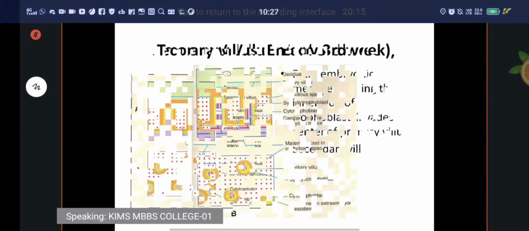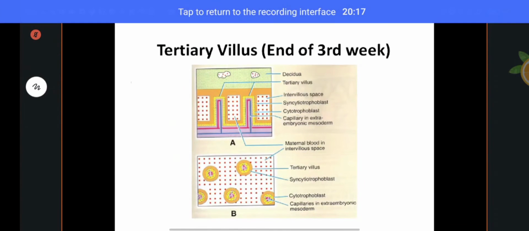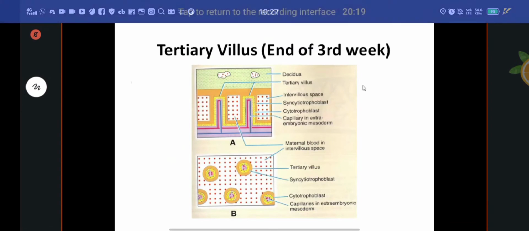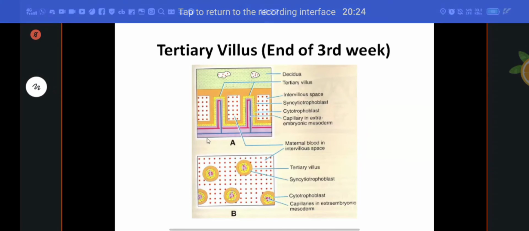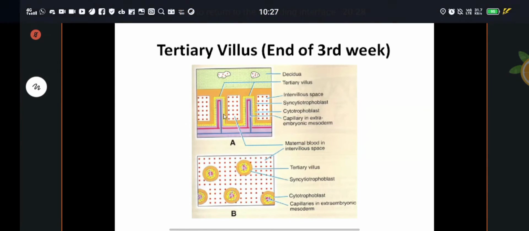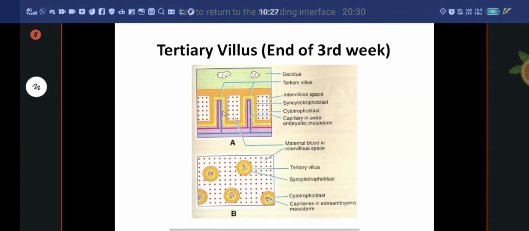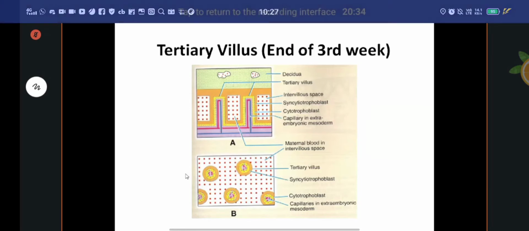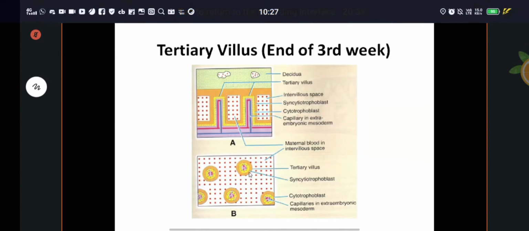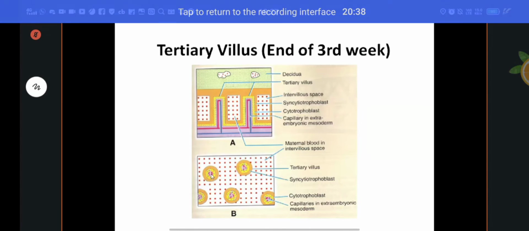Now coming to the tertiary villus. Here, in the extra embryonic mesoderm, capillaries develop and they invade the central core of this extra embryonic mesoderm. Now when we take a cut section of this, it consists of 4 layers. Observe that in this diagram.